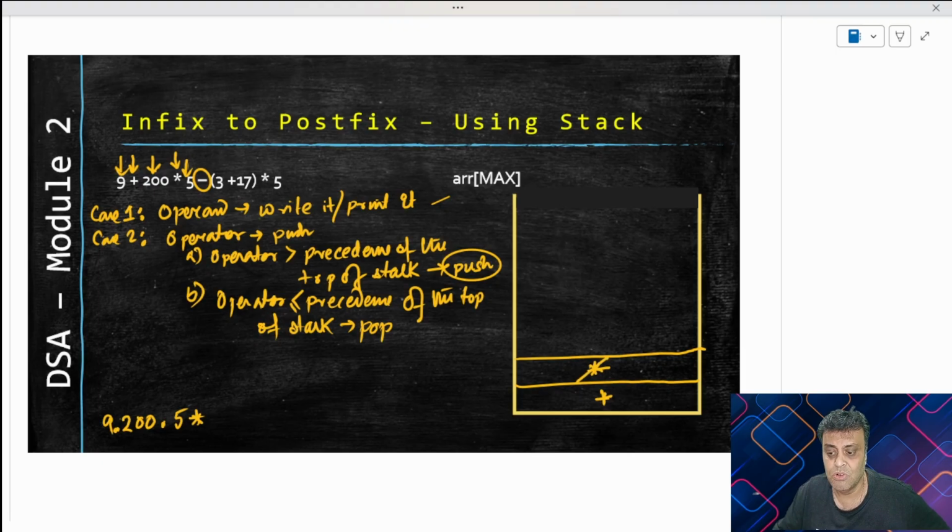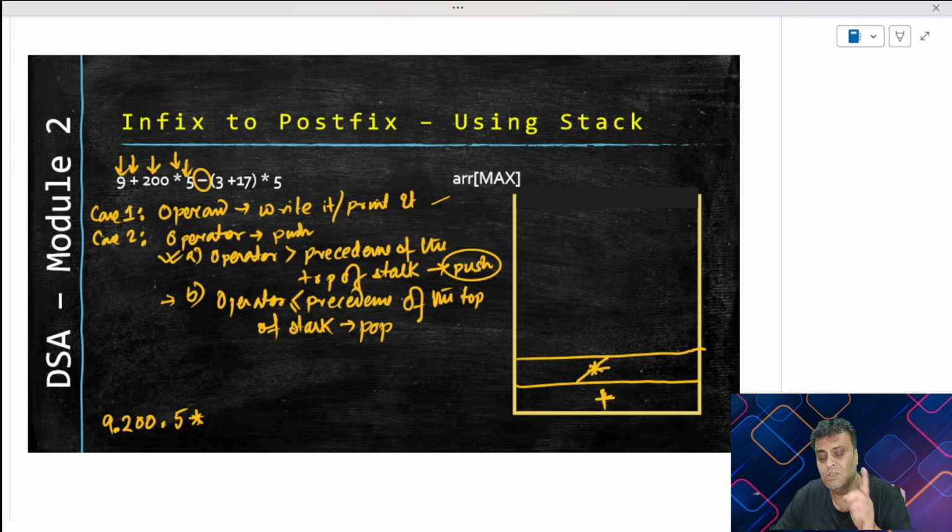Now, if the star is no more there, what is the top of the stack? Plus. Now we have plus at the top of the stack. So now, again, apply this rule, because there could be one more operator which might not allow you to get on top of it. Point A says what?